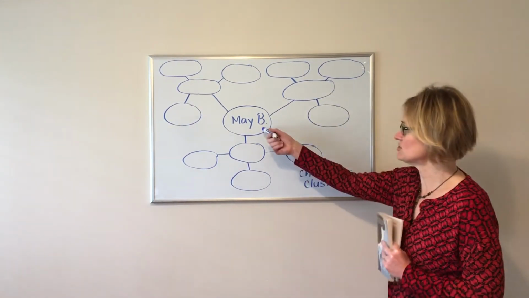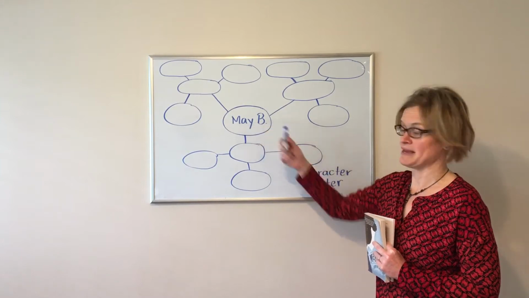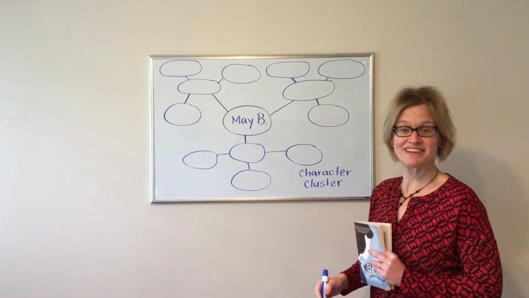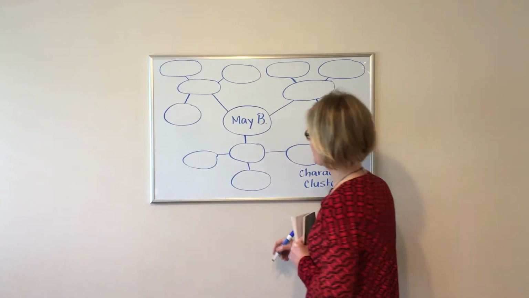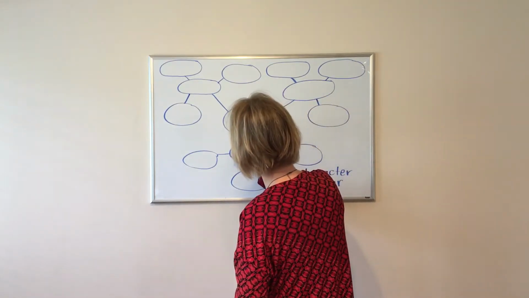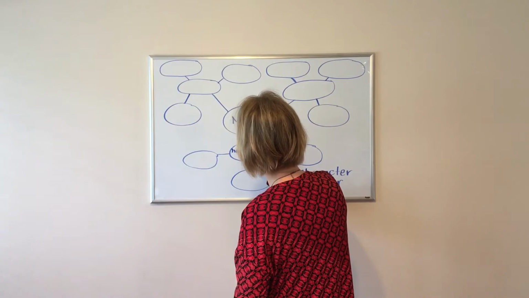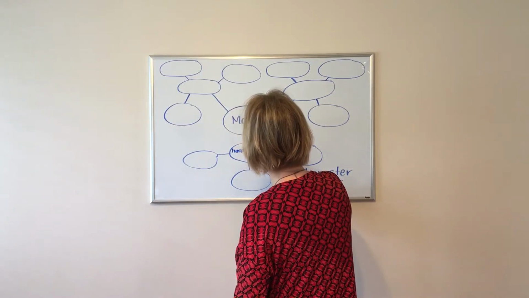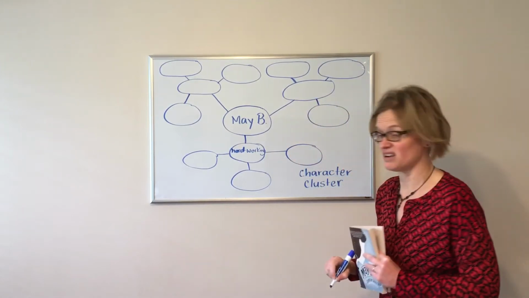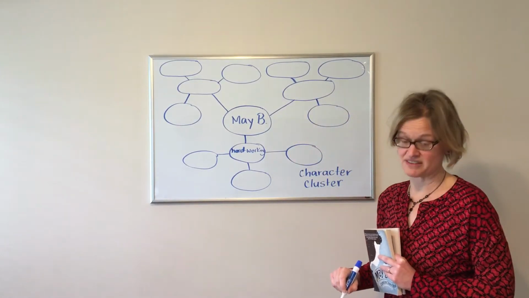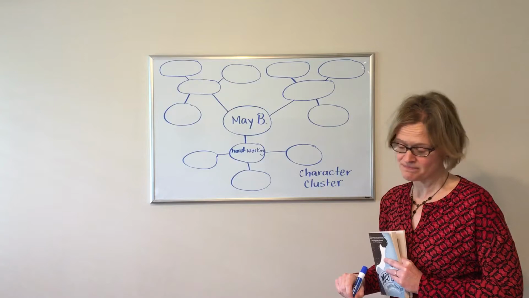So in the center circle, you're going to write May B, because that is where you write the character's name. On the one towards the bottom, I thought a good word to describe May B would be hardworking, because I think she was very, very hardworking. And then we're going to find evidence of that in the book.